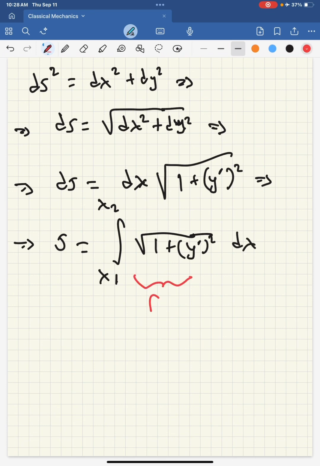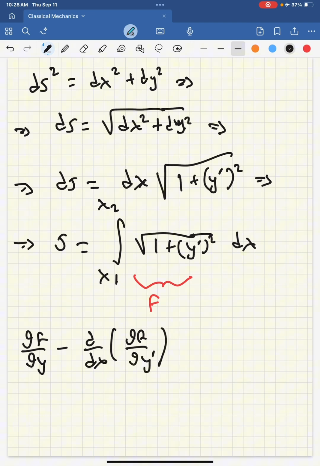This is our functional f, okay? And we plug this functional into the Euler equation. So partial with respect to y minus d over dx of the partial with respect to y prime should be 0. We also get this nice cancellation again because the functional does not depend on y, okay?